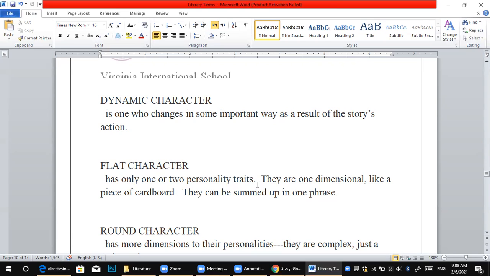Macduff was loyal. This is flat. He didn't change in the story. They are one-dimensional, like a piece of cardboard, and we can sum them up in one phrase.